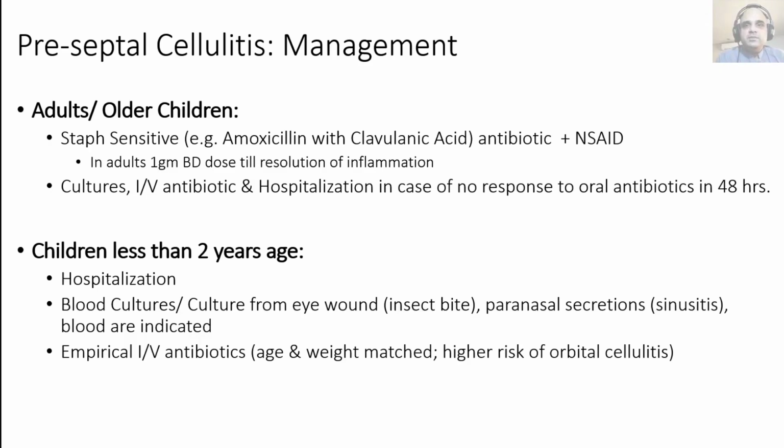You start off with your empirical IV antibiotic, again something that is staph sensitive, age and weight based, and IV and hospitalization simply because there's a high risk of orbital cellulitis, because in children the orbital septum is weaker, it's not that well developed, and a pre-septal cellulitis has more of a chance of becoming an orbital cellulitis, thus more intensive care or more monitored care is required.